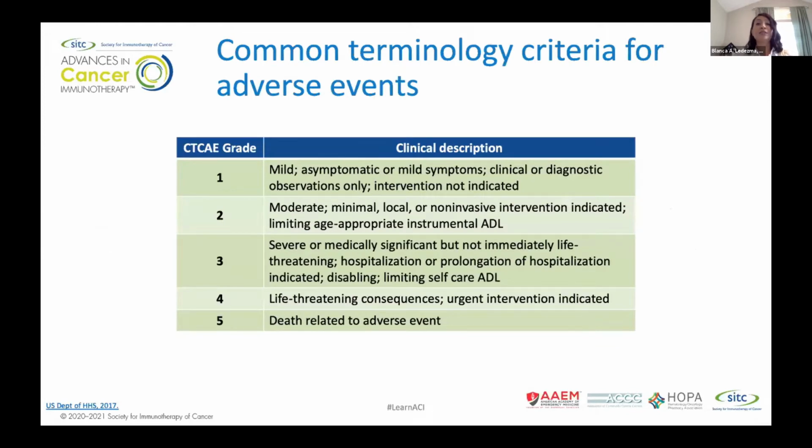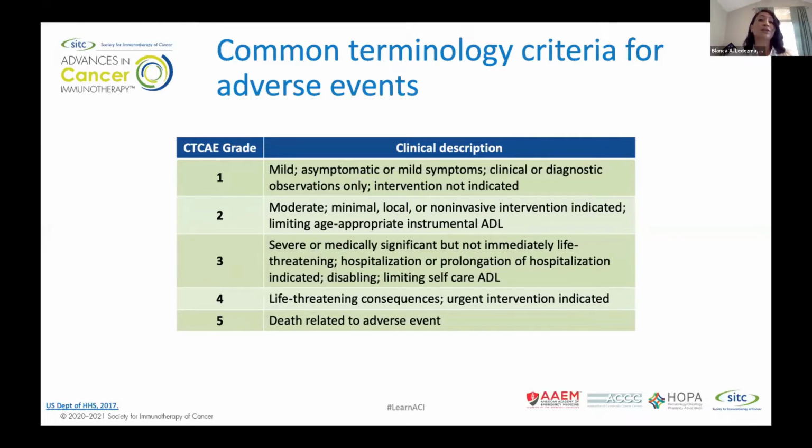The Common Terminology Criteria for Adverse Events. This is something that is so important, that we understand the grading. It's important that we understand where patients' baseline is and how they deviate from the baseline, and that we grade them. The grading is so critical so that we can do the proper intervention for these patients once they develop any IRAEs.